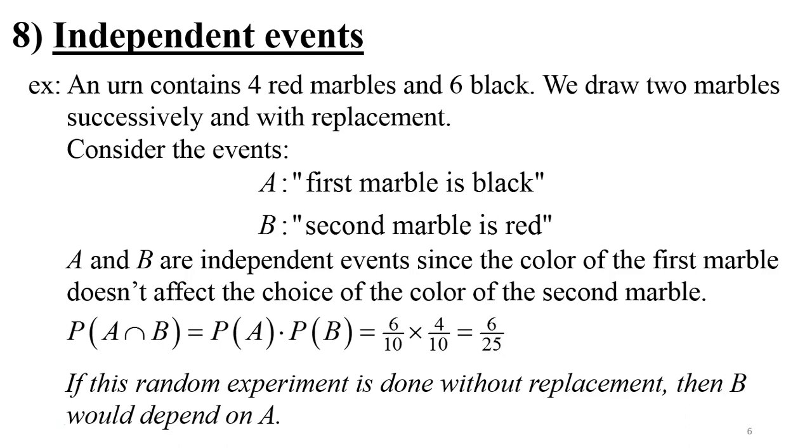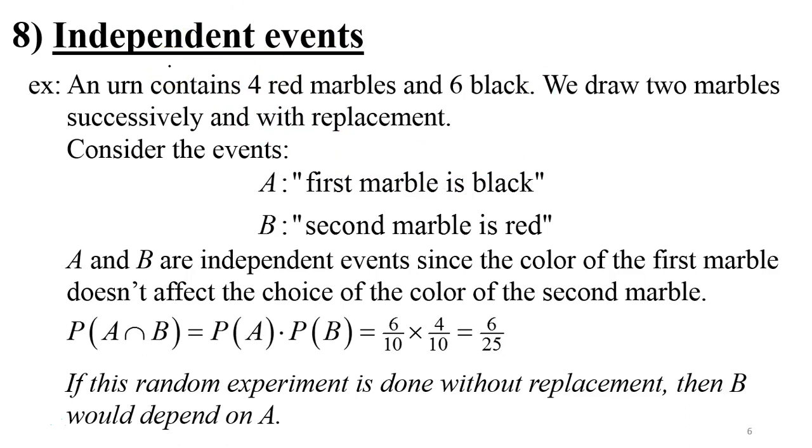So the probability of A intersection B would be the probability of A times the probability of B. The probability of A is 6 out of the 10 marbles I have in the urn, and the probability of B is 4 out of 10, because I have 4 red marbles out of 10.